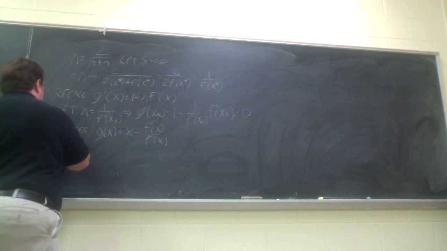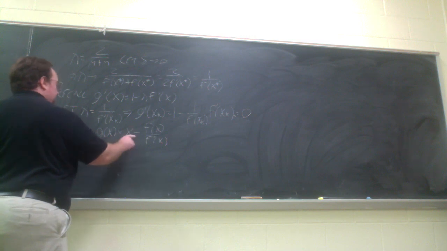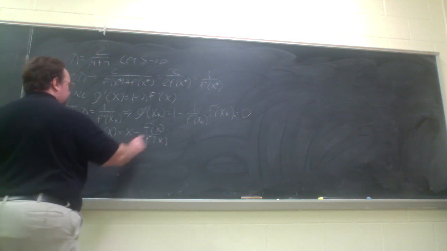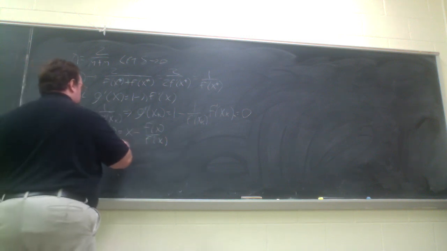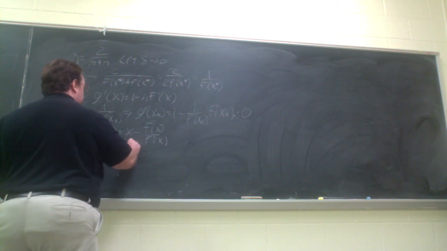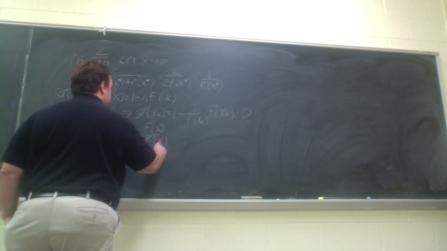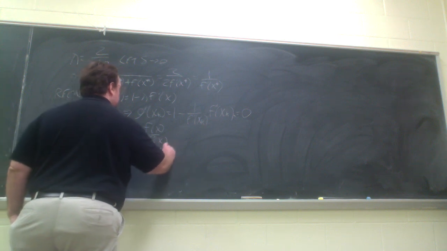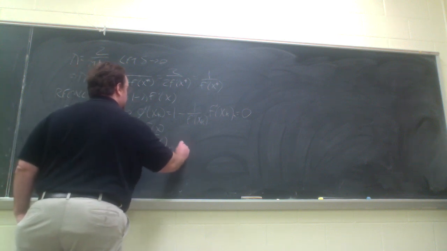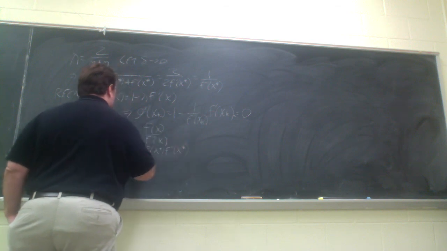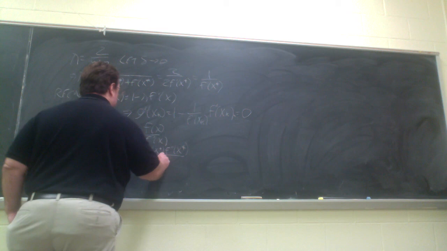then g prime at the root x star is, let's take a derivative, 1 minus, and here we need the quotient rule, which is f prime squared minus f double prime, and x star is plugged in throughout, all over f prime at x star squared.